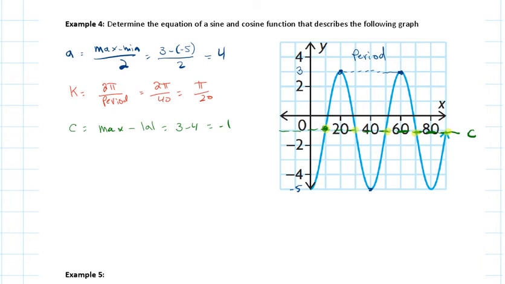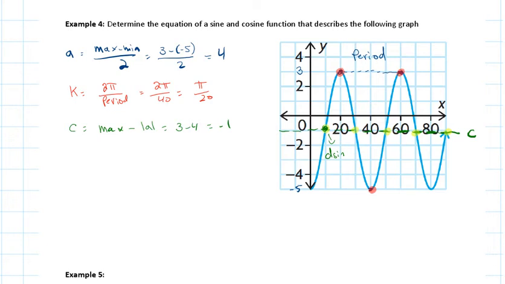Cosine, I'm going to use red. So cosine can start at the max. It can start at the min, but remember then A is going to be negative, or it's going to start here. So we're going to call this the start of cosine. Doesn't matter which one I pick, remember.